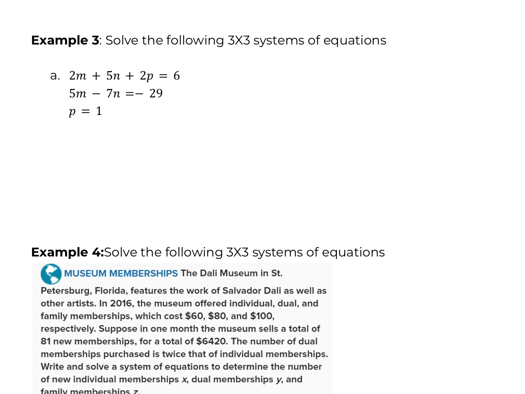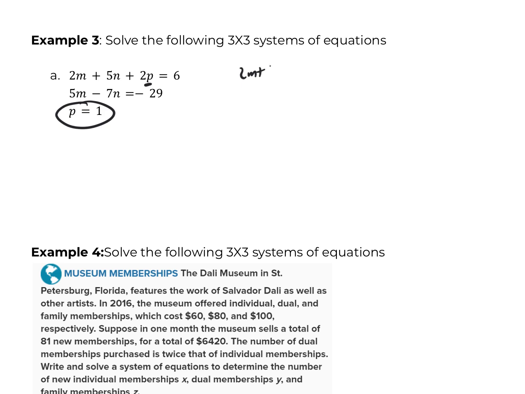The following 3 by 3 system of equations: 2m plus 5n plus 2p equals 6, 5m minus 7n equals negative 29, and p equals 1. All right, so we have one thing we know for certain, that p is 1. So that means I can take that information and substitute it in for everywhere else I have a p.